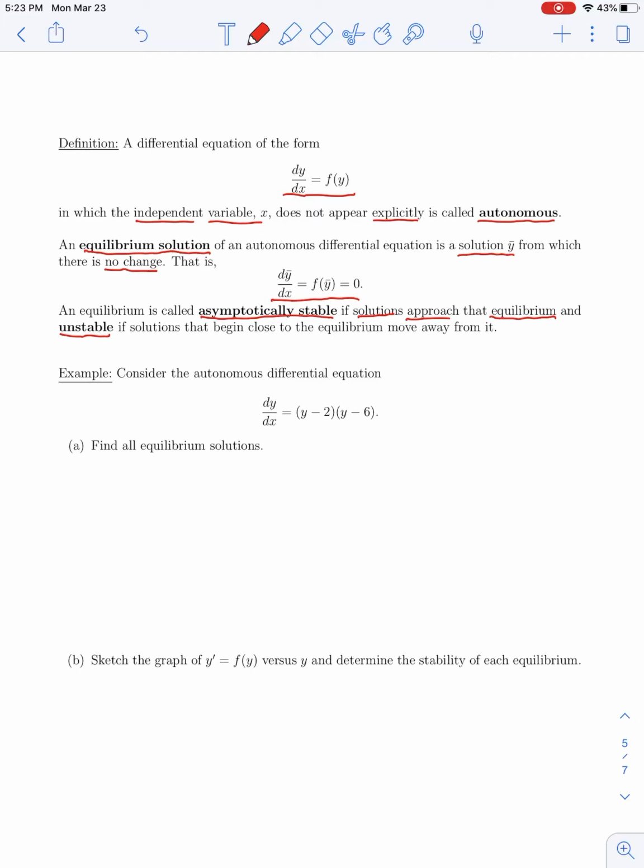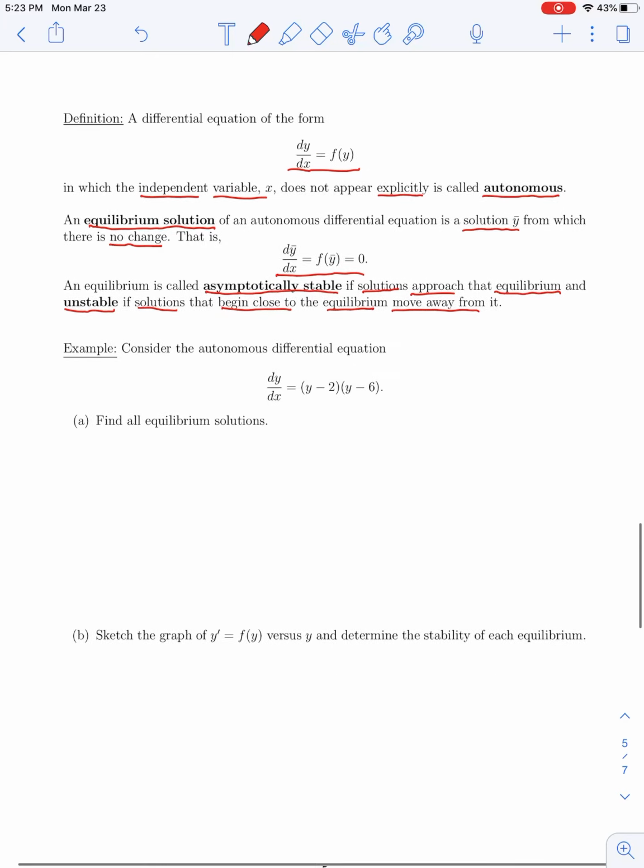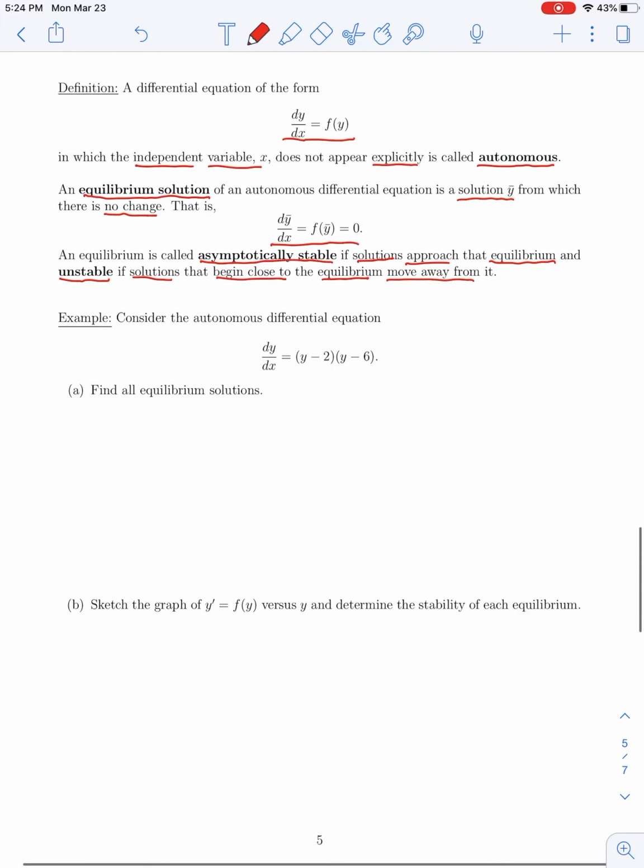And an equilibrium is called unstable if solutions that start close to that equilibrium will move away from it. So in certain examples we did earlier, we saw our solution curves were moving outward from those equilibrium solutions. So what we're interested in doing for some of these problems is determining whether an equilibrium is stable or unstable.